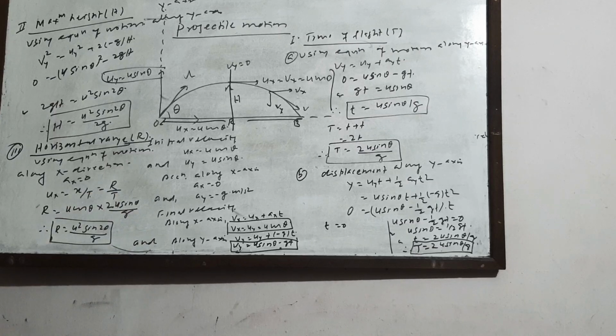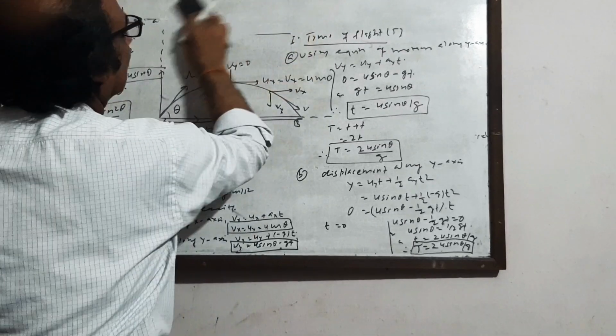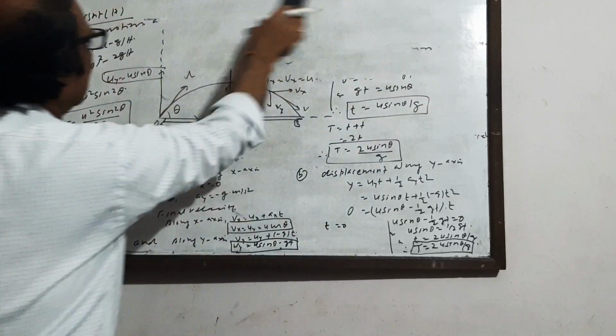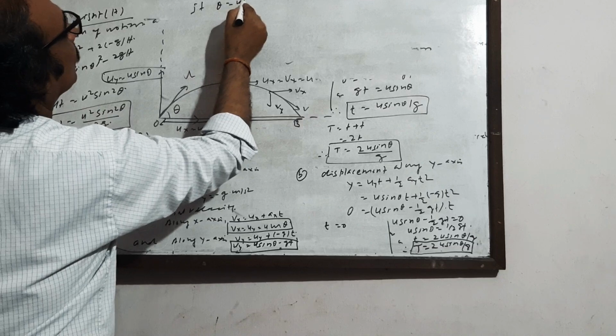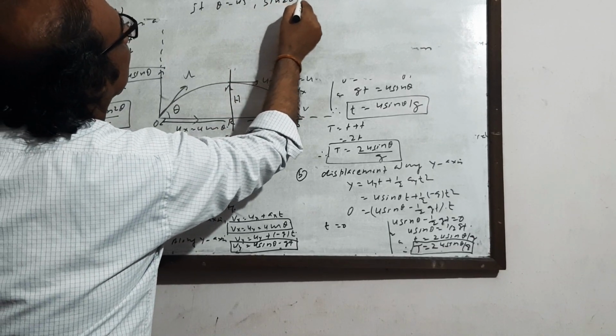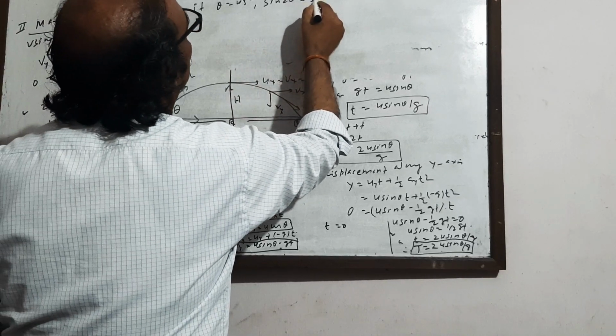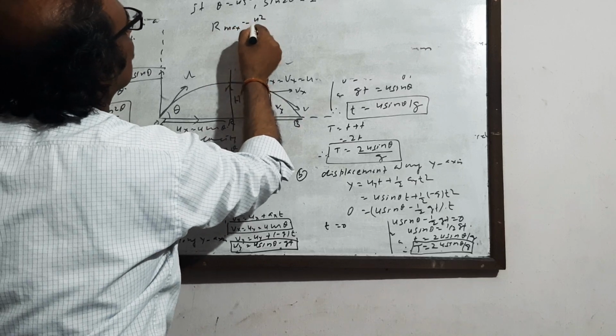The range of the projectile depends on the angle, and the maximum value of sin 2 theta is equal to 1 when theta is equal to 45 degrees. So if theta equals 45 degrees, sin 2 theta equals 1, and the range will be maximum, equal to U square by g.